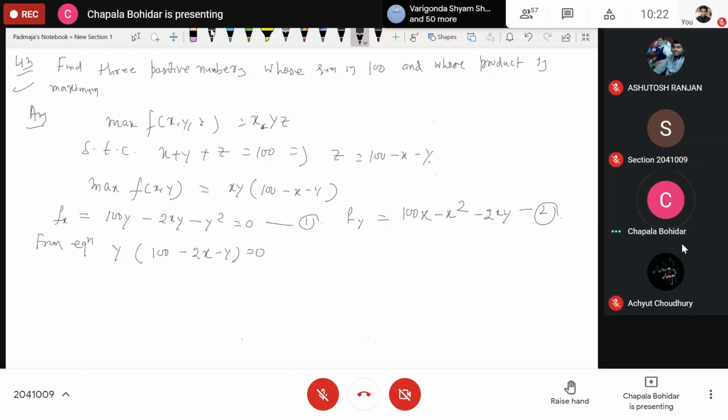So this implies y is equal to 0 and y is equal to 100 minus 2x. Put the value y is equal to 0 in equation 2.